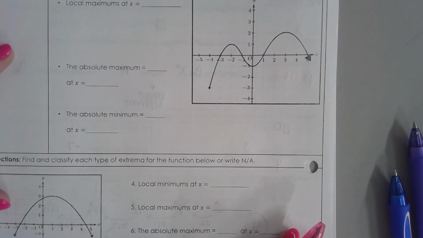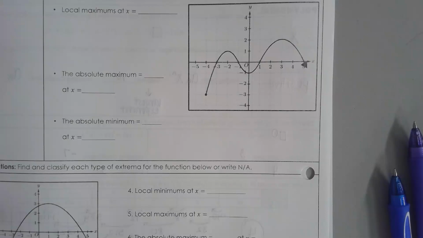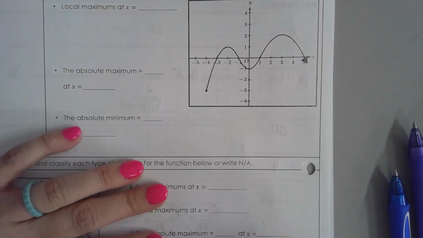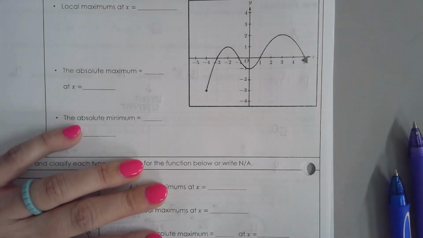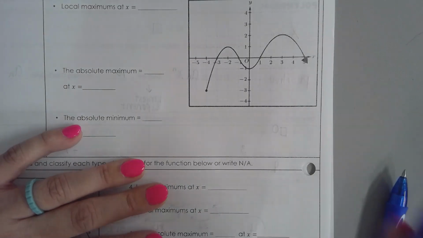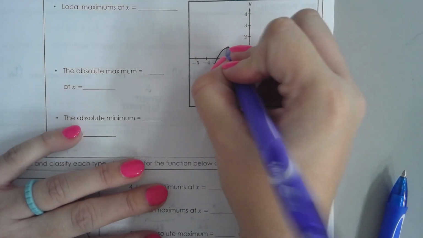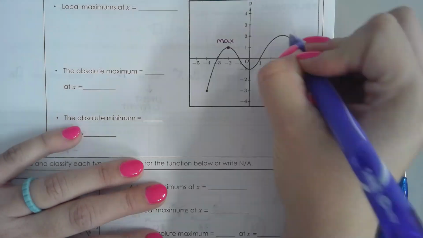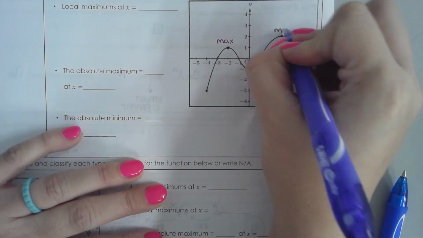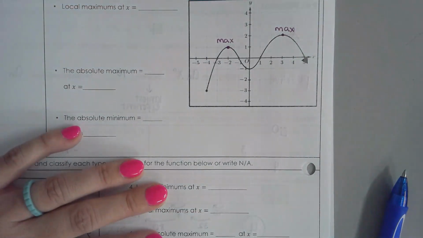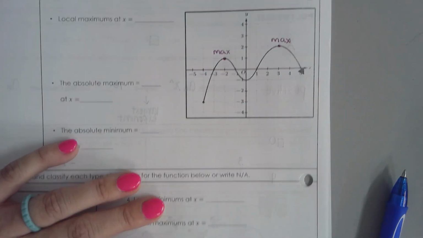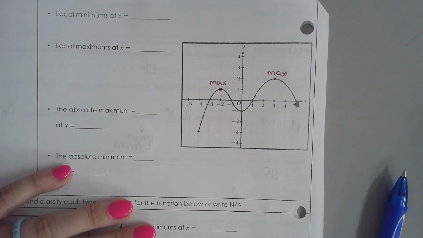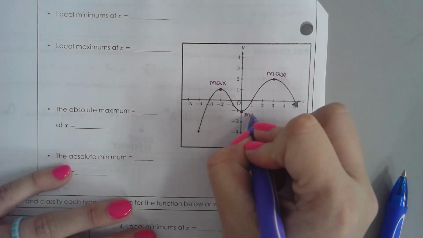All right. So, here's an example. We have two hilltops. So those are the max. So the hilltops are our maximums. And then we have one valley minimum.